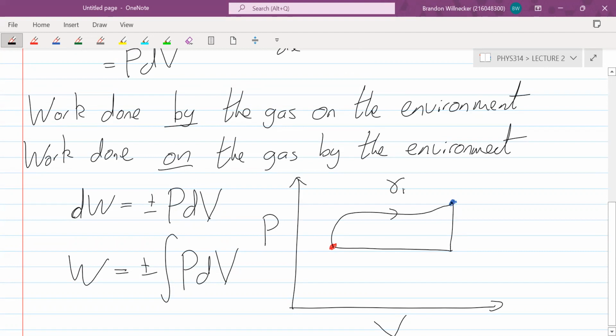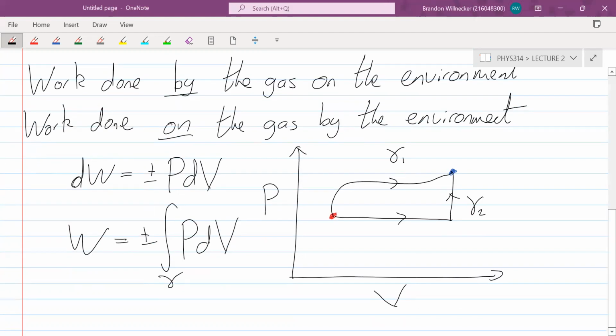Let's say you've got the path gamma 1 and you've got the path gamma 2. So the work being done is the integral over gamma 1 or gamma 2, depending on the path. Now, in some cases, it might depend on the path. In other cases, it might not depend on the path. So in general, this may depend on the path.